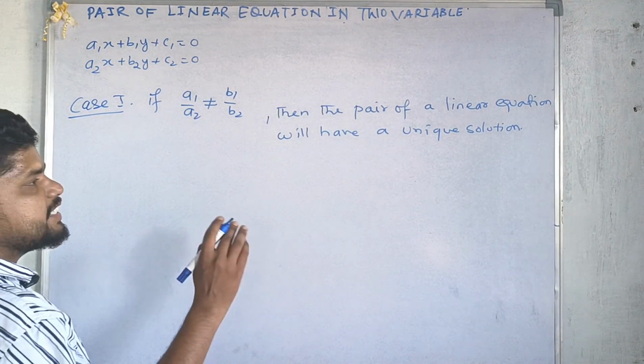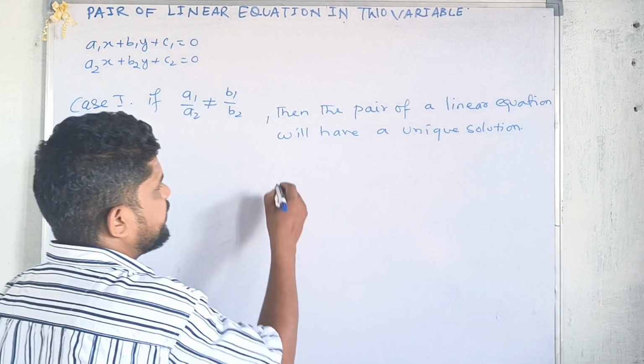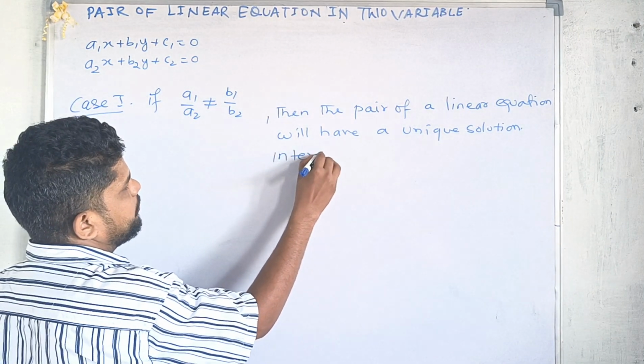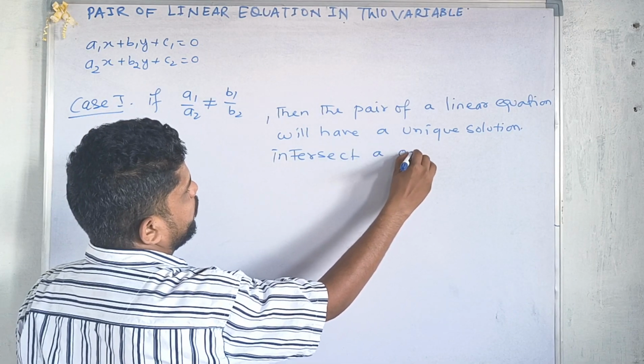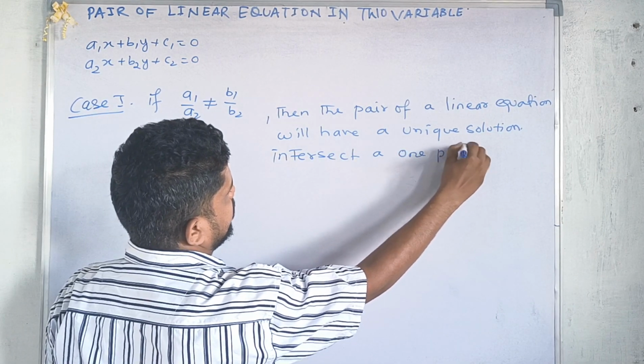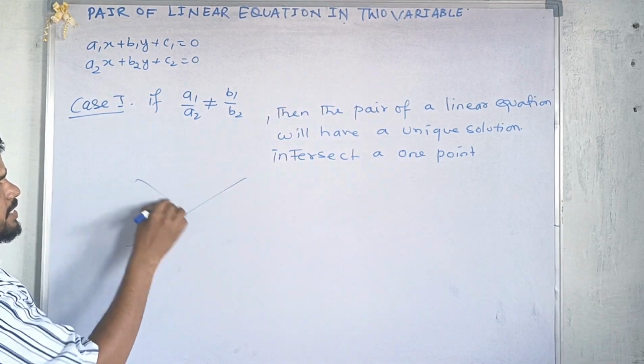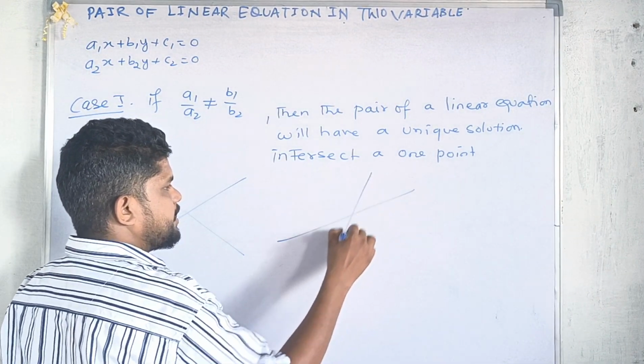That is, they will intersect at only one point. So their graph may be like this, it may be like this.